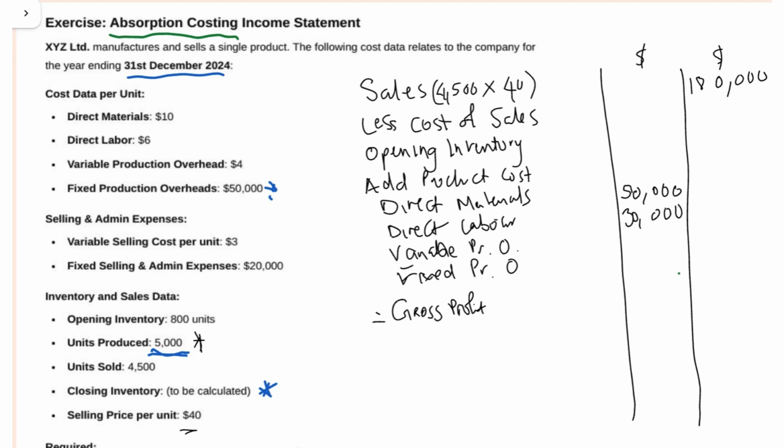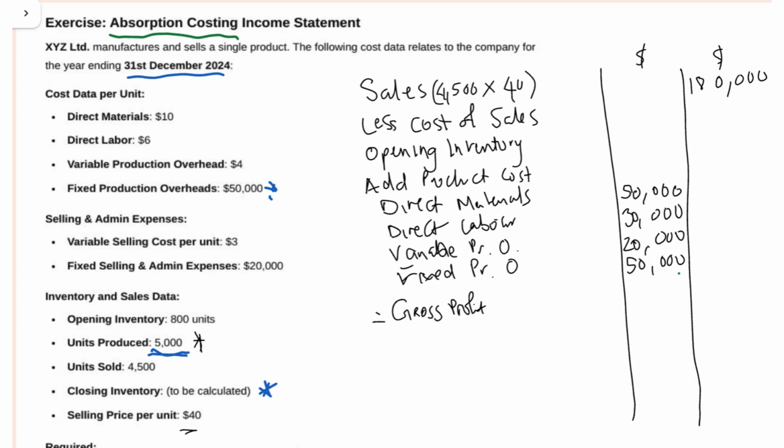Variable production overheads is $4, so $4 times 5,000 will give me 20,000. And my fixed production overheads, it's already given me the amount, so I can just write it down as 50,000. If I add this amount, I'll get my production cost.